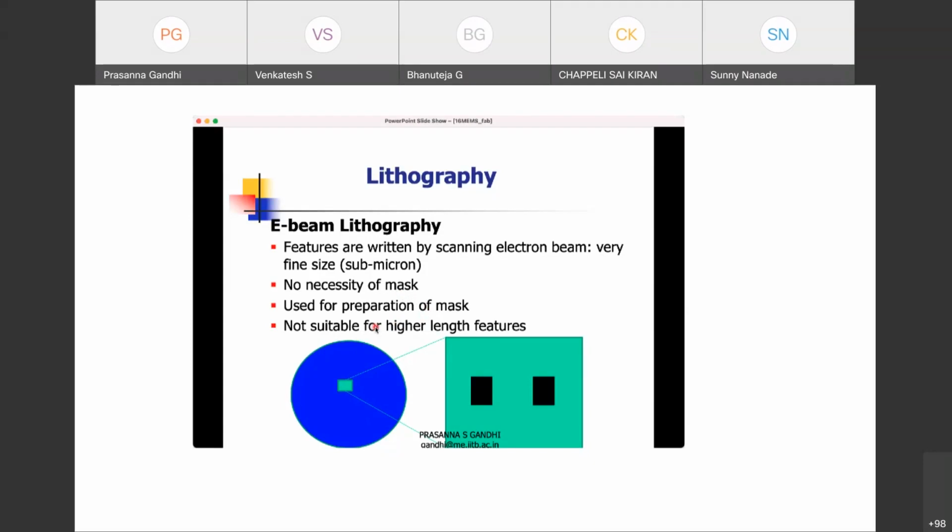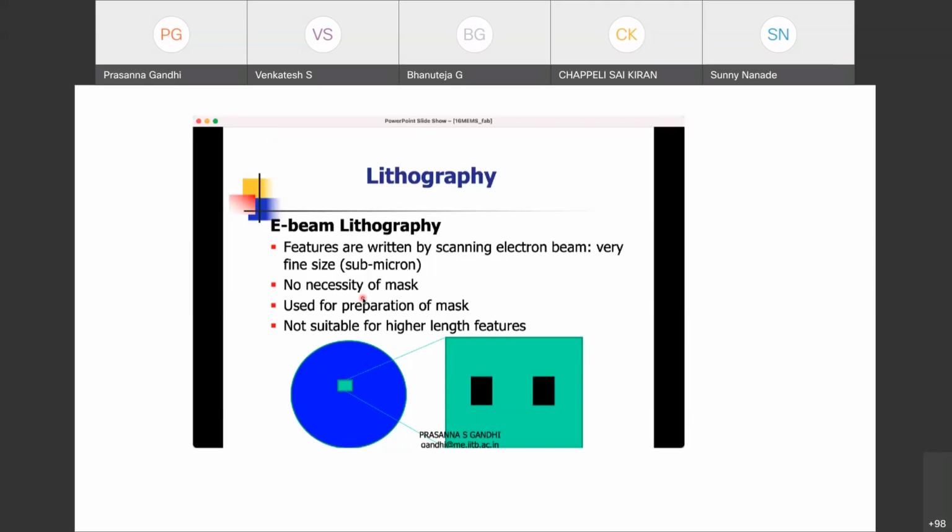And if you are not interested in such very small sizes, then one can even use a printed mask from a printer. Typically for bigger dimensions, like 100 micron, 200 micron sizes, in our lab here people use very fine, very high DPI printed transparencies, plastic sheets which are printed with these features.